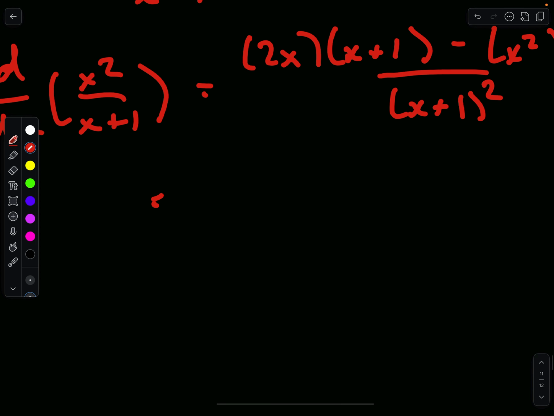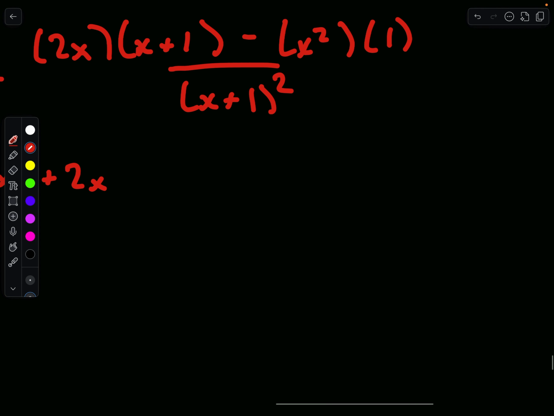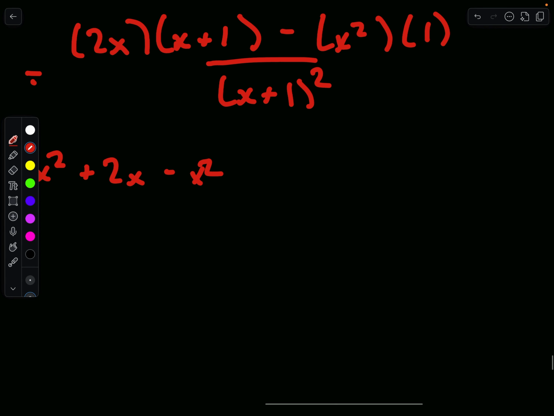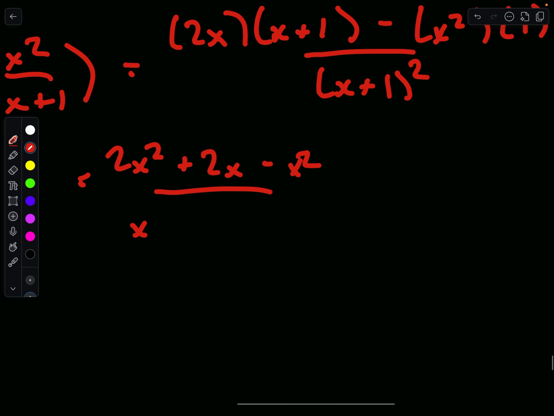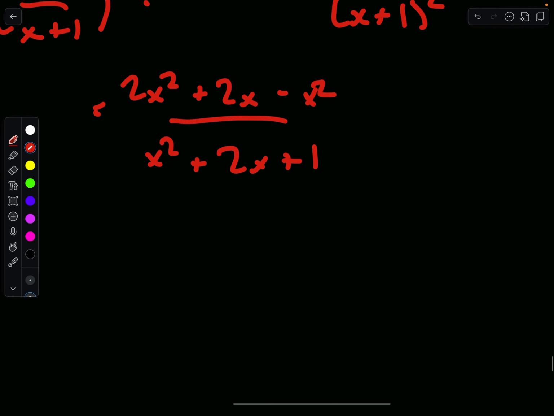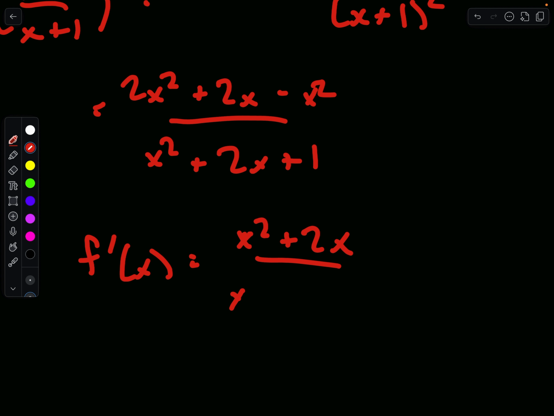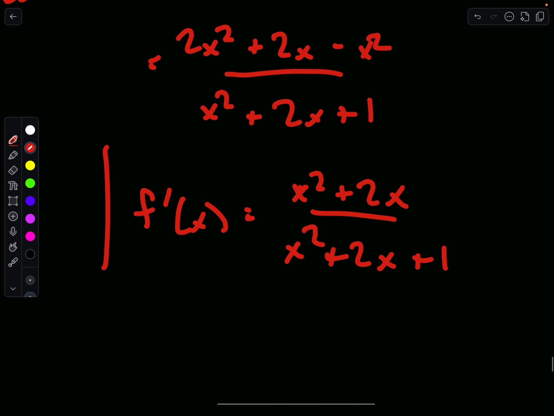Simplifying this gives 2x squared plus 2x minus x squared over x squared plus 2x plus 1. So then we have f prime of x equals x squared plus 2x over x squared plus 2x plus 1. And that would be our final answer.